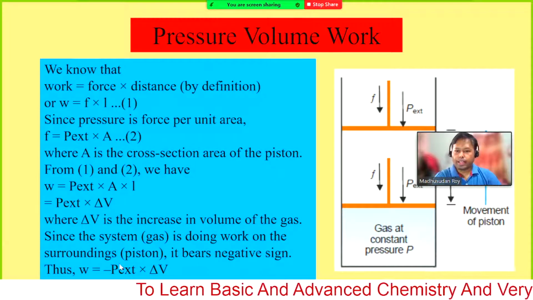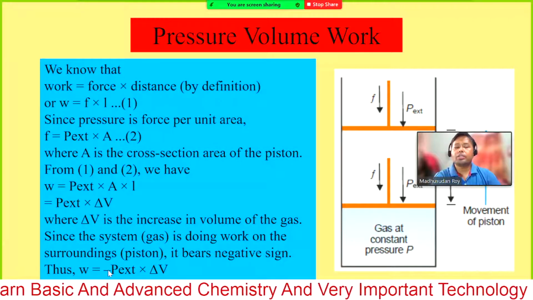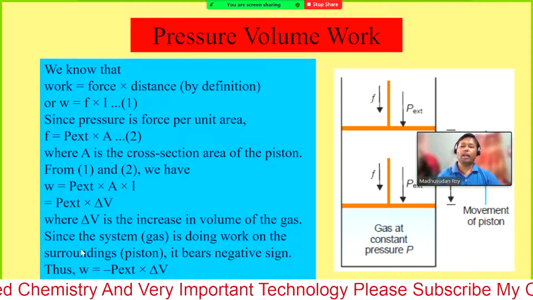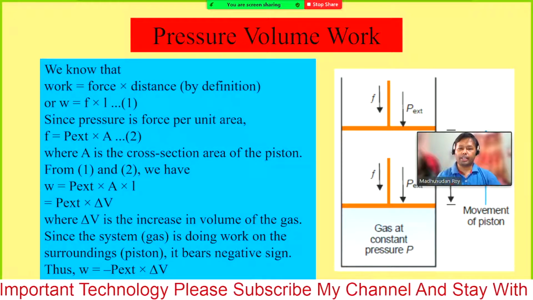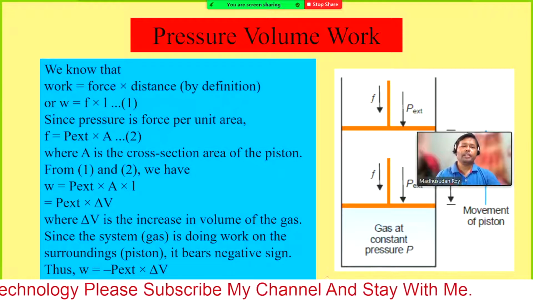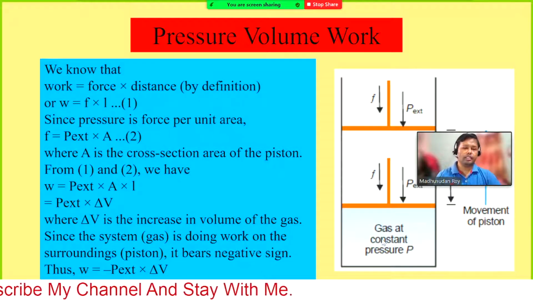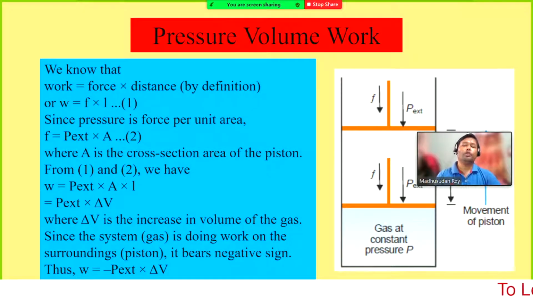So this is our formula, but the sign doesn't always need to be negative, because we have mentioned that if the work is positive then we put a positive sign, that means no need to put a sign. If the work is performed on the system it is positive, and by the system it is negative.